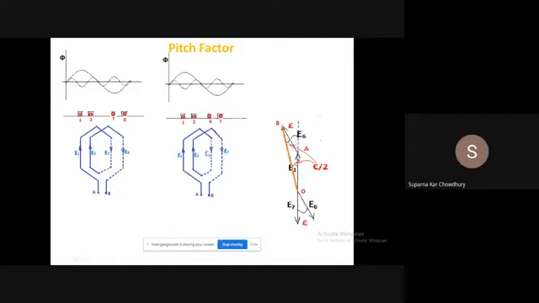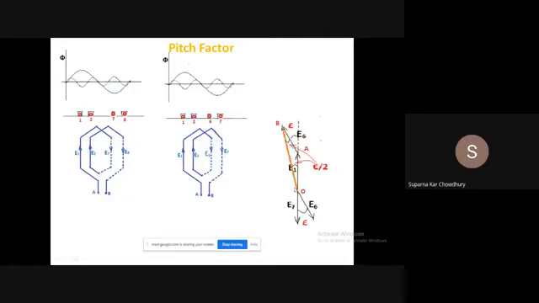This is E1 and E6, the vector summation. If this angle is gamma, because we have short pitch by one slot pitch, in this figure this will be gamma by 2, this will be gamma by 2.